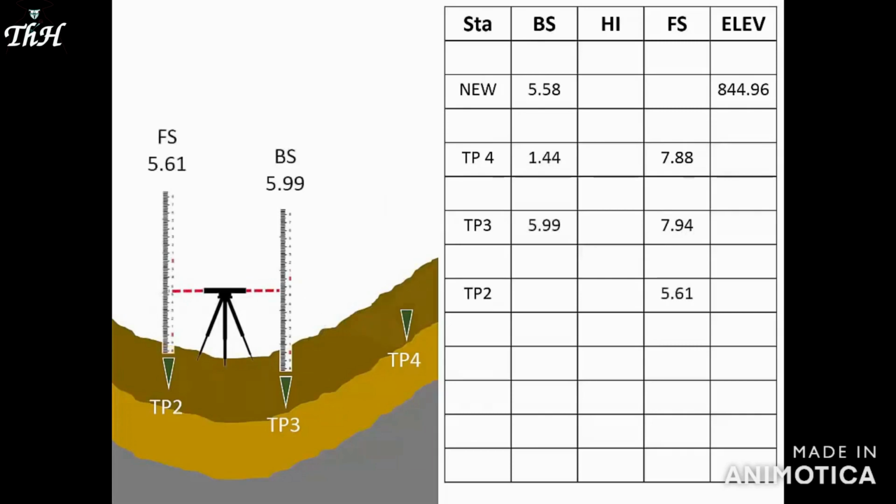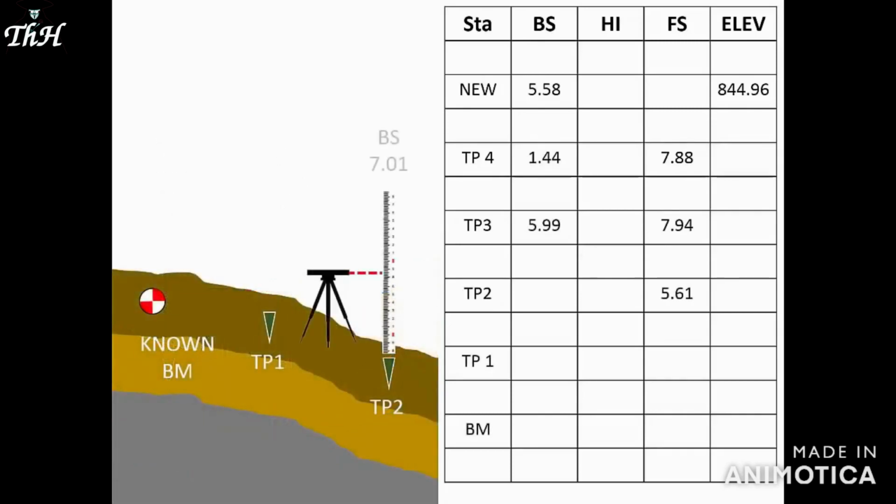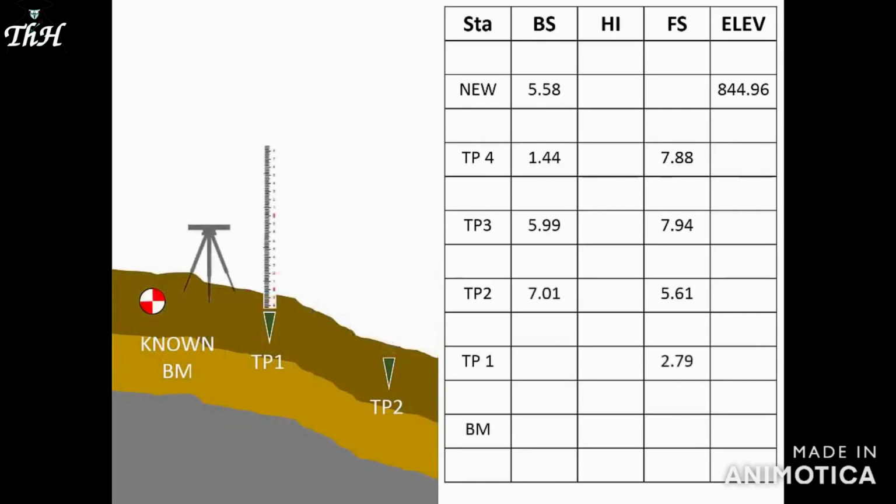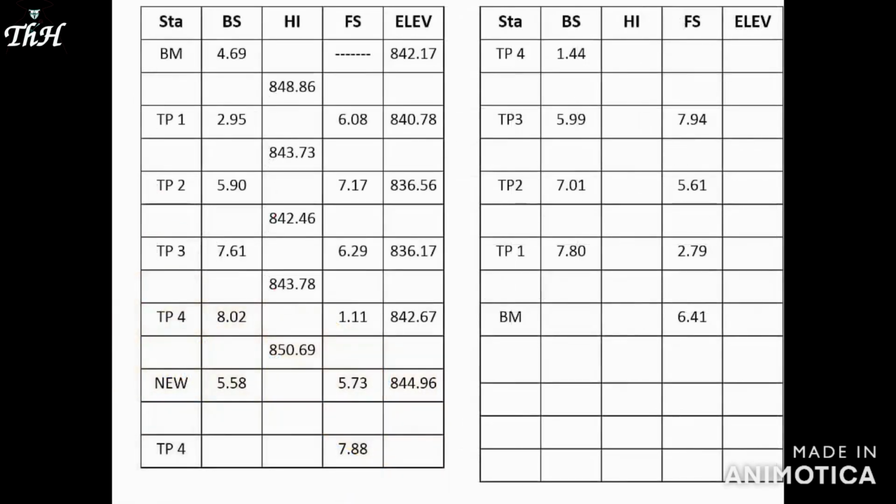Now, with the forward and reverse runs complete, we say that we have closed the level circuit. This circuit started and ended at the same point. It closed where it began. So now let's finish the circuit computations. For the forward run, we already calculated the new benchmark elevation.